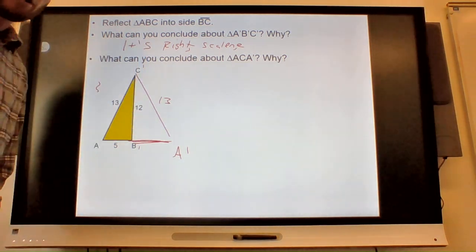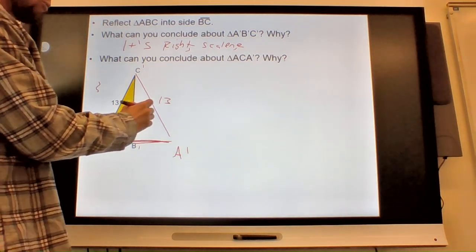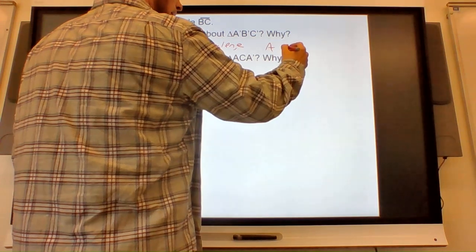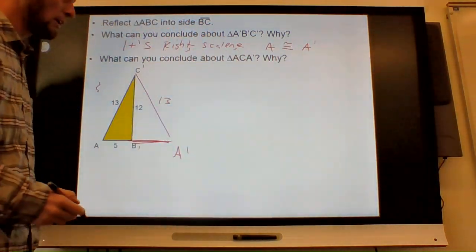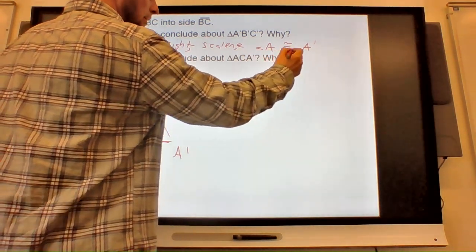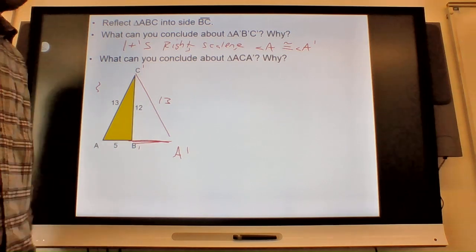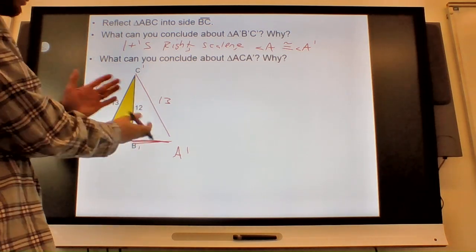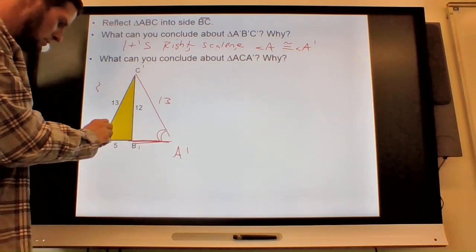The other conclusion you might come up with is that it's congruent to the original triangle, or more specifically, angle A is congruent to angle A prime. Because it's a reflection, it didn't change size, it just flipped over. This angle measure has to be the same as that angle measure.